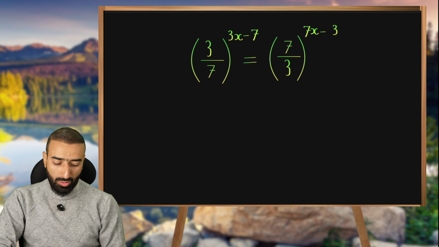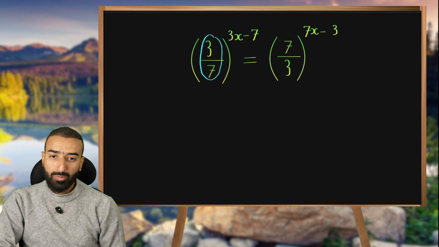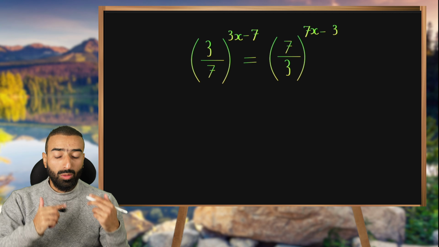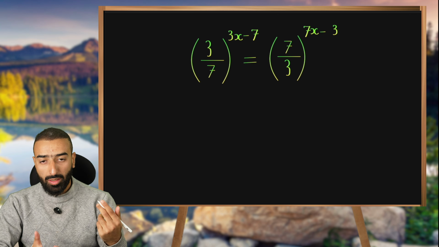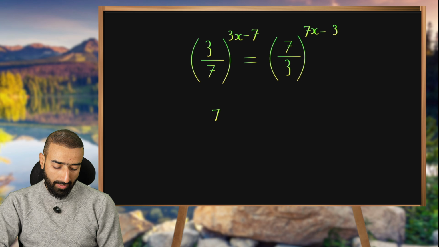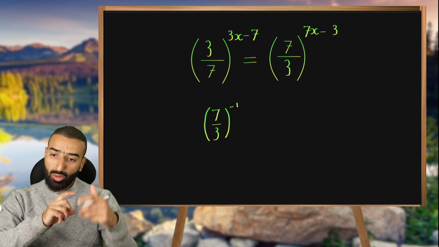So what I'm going to do is I'm going to write this term 3 over 7 as an inverse, 7 over 3 raised to the power of negative 1. So this becomes 7 over 3 raised to the power negative 1, which is 3 over 7.